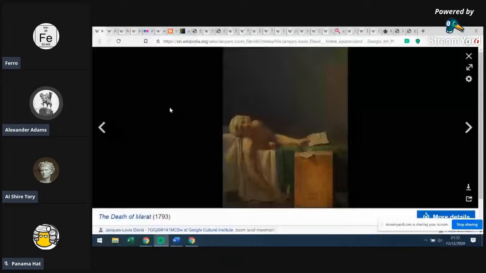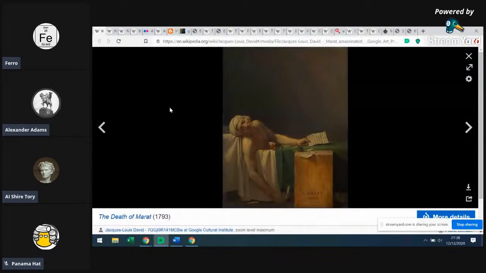Yeah, so Marat was a famous revolutionary. He was a journalist, and one of the most influential of the revolutionaries, of the deputies. And the famous story, of course, is that he was in the bath because he had contracted some severe skin ailments, and he received a note from someone called Charlotte Corday, who said she was ready to expose traitors within the revolutionary movement.